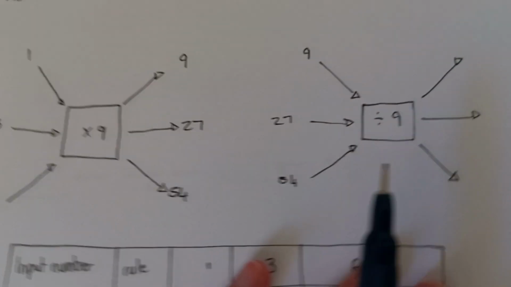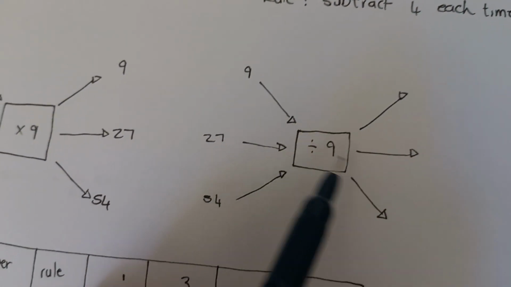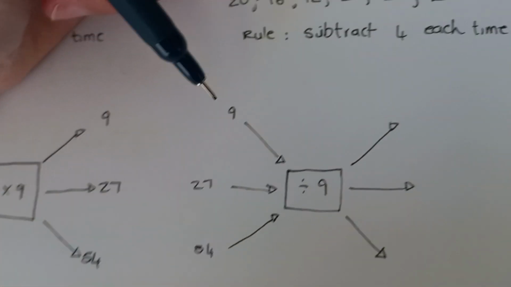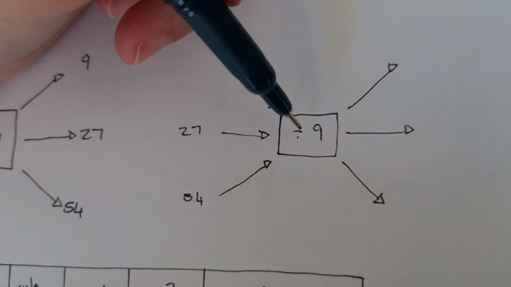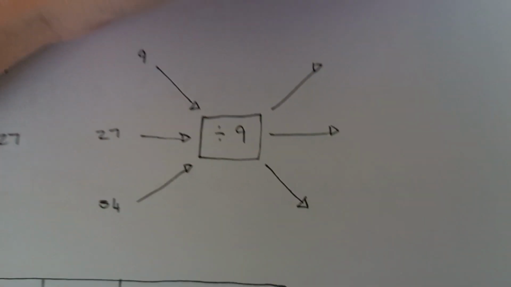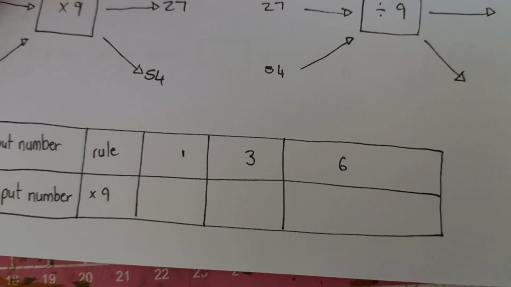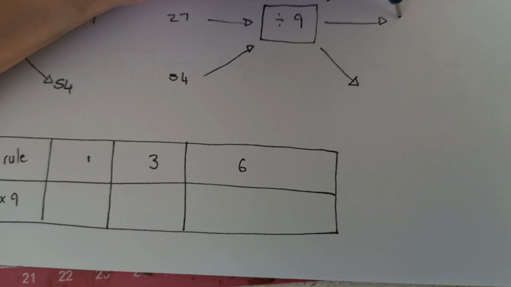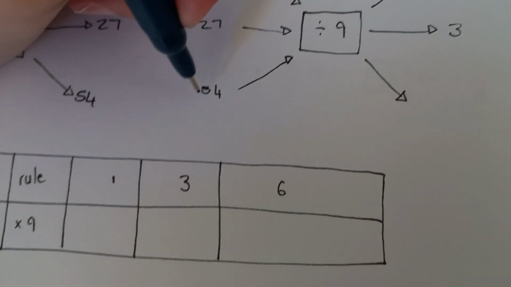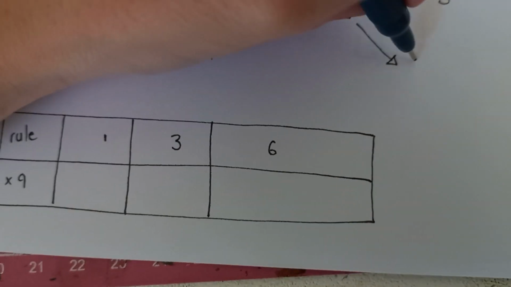Okay, so now if you have a look here, this is divide by 9, which is basically the reverse. So 9 is your input, divided by 9, then you get your output of 1. 27 divided by 9 gives you 3. 54 divided by 9 gives you 6.